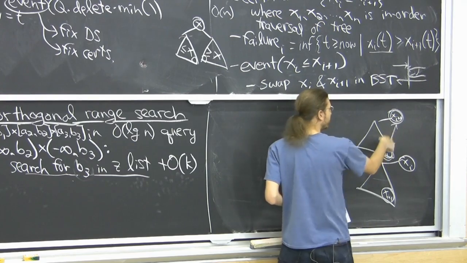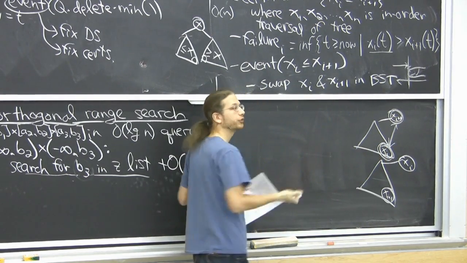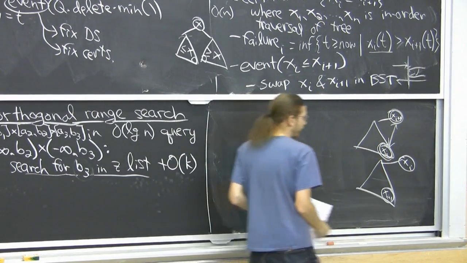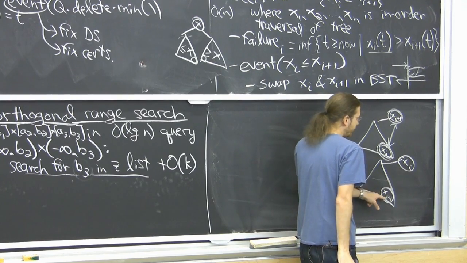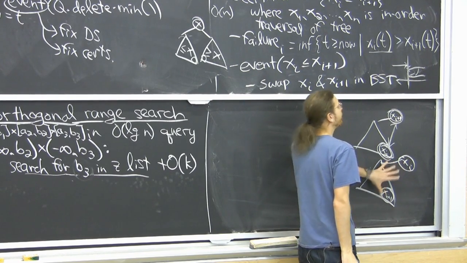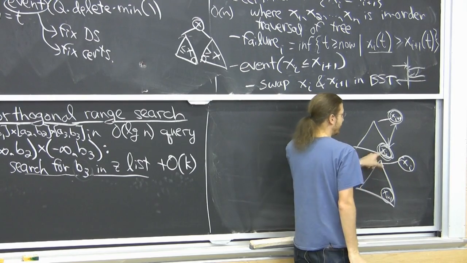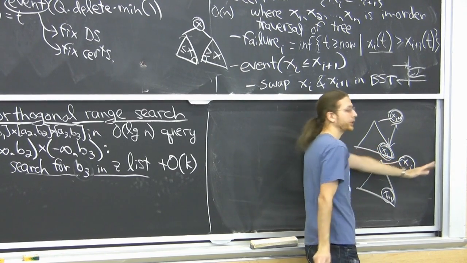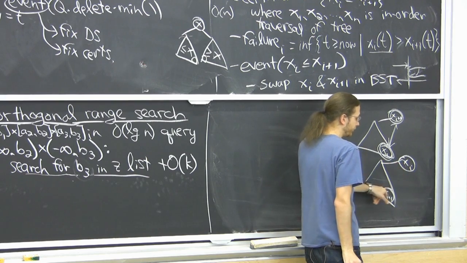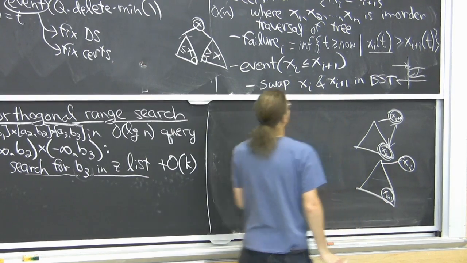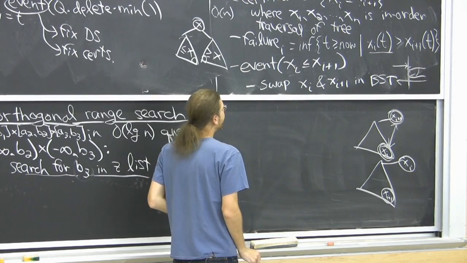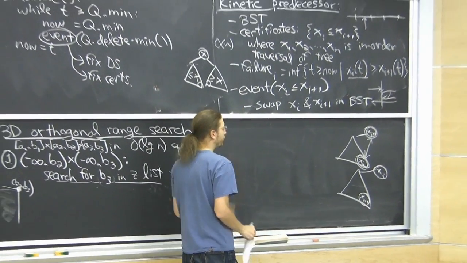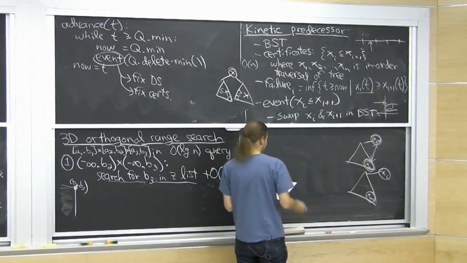Replace those. These are really pointers to the trajectories, however they're described. Interchange them. It's still valid as a binary search tree. Actually, this binary search tree never becomes invalid because at this moment they're equal. And after now, things will continue to be OK because now this guy will be bigger than this one. That's the assumption. We just need to fix the certificates. Fixing the data structure was pretty trivial, constant time.